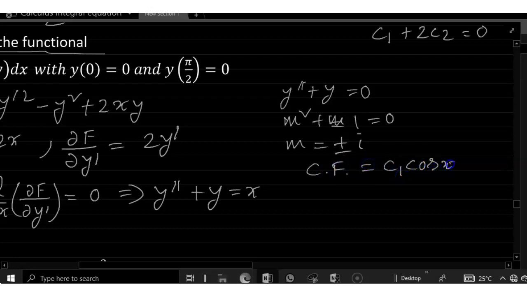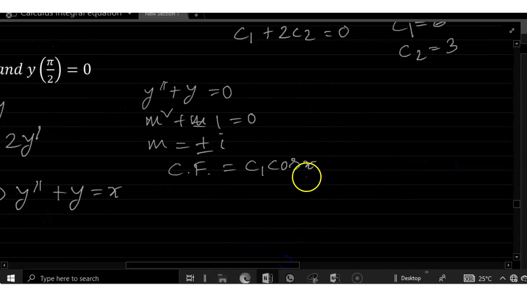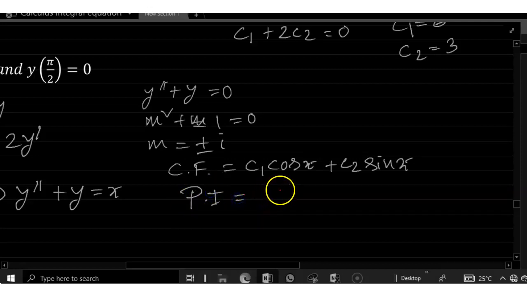y equals c1 cos x plus c2 sin x, and the particular integral is 1 divided by D square plus 1 into x, which equals x.